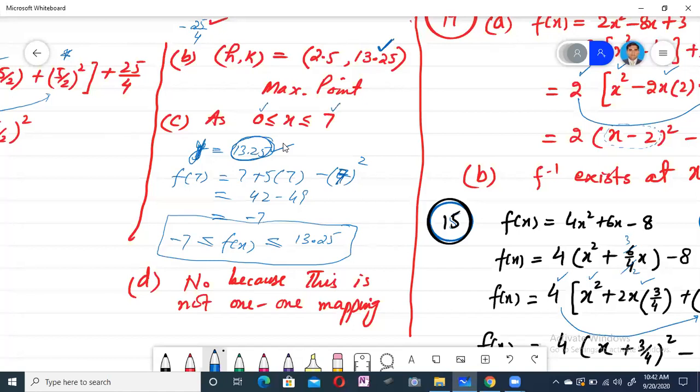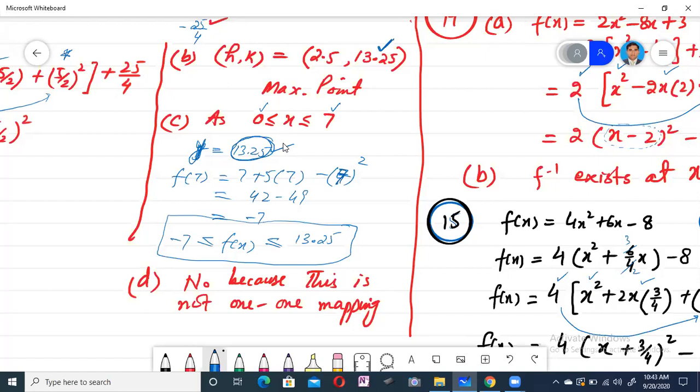At 0 we will get 13.25, when we make the term containing the square 0. But you can substitute this x equals 7 in the given function. The given function was f of x equals 7 plus 5x minus x square.